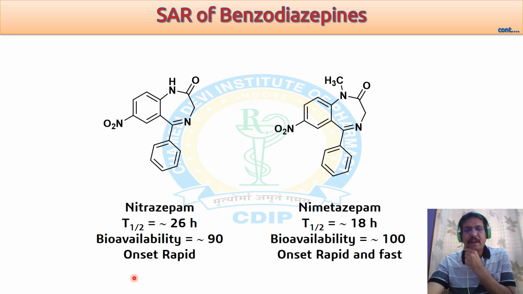Similarly, if you look at the onset of action, nitrazepam also has a rapid onset of action, but if you compare with dimetazepam, the onset is much faster as compared to nitrazepam.